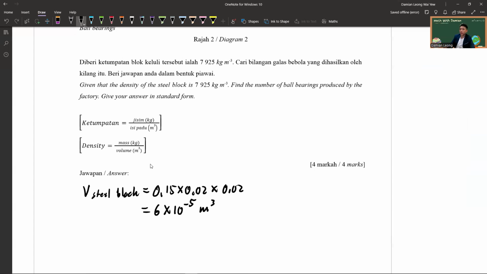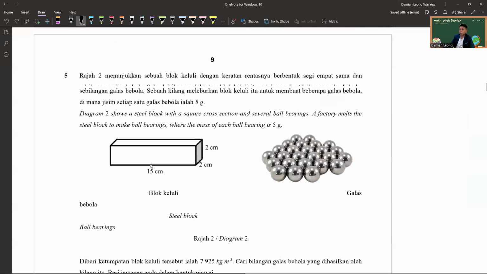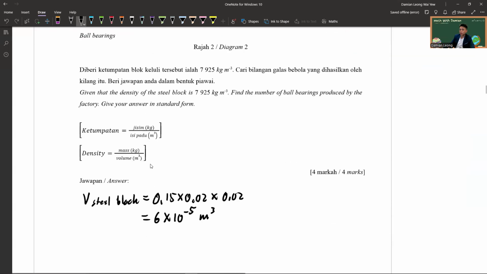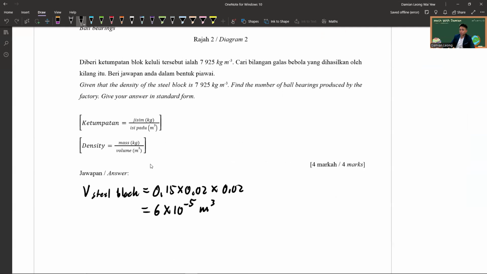Then we look at the mass, because density, mass, volume. Okay, density 7,925 kg per meter cube equals to mass over the volume. Volume is 6 times 10 to the power of negative 5.